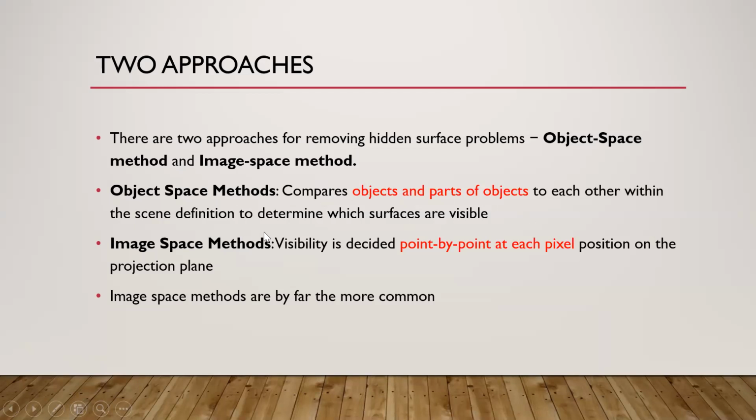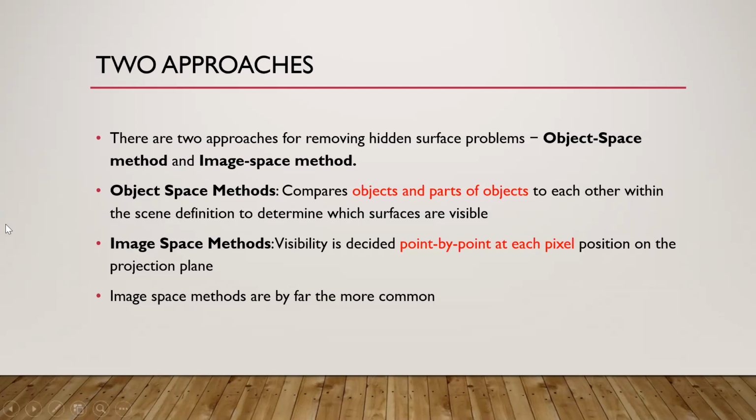Whereas in the image space method, you're not going to compare object parts as a whole. Instead, you are going to take pixel by pixel. So you are going to take a particular object or a polygon, discretize it, take each pixel position available in that particular polygon, and see if that pixel is in front or nearer to the viewing person, or in front of the projection plane.